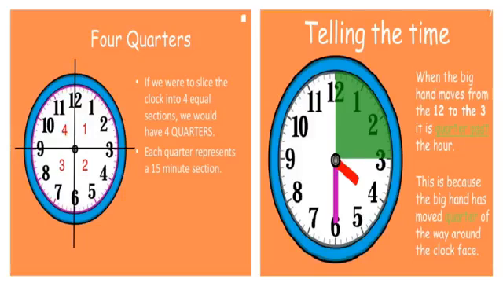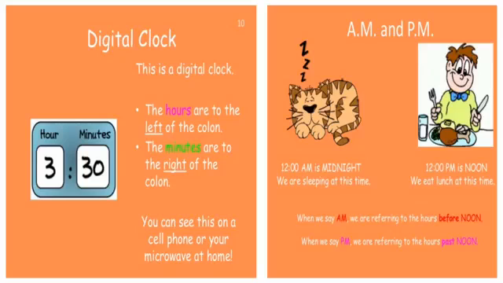Now the next slide, telling the time. When the big hand moves from the 12 to the 3, it is quarter past the hour. This is because the big hand has moved a quarter of the way around the clock face. Here the green shaded part is the quarter past the hour.